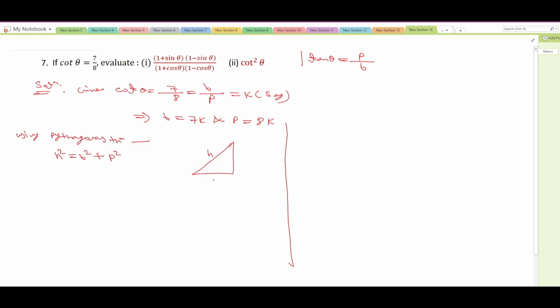So h equals root over, since b equals 7k, 7 square is 49k square plus p square equals 8 square, 64k square. This is root over 113 k square, which is equal to k root 113.